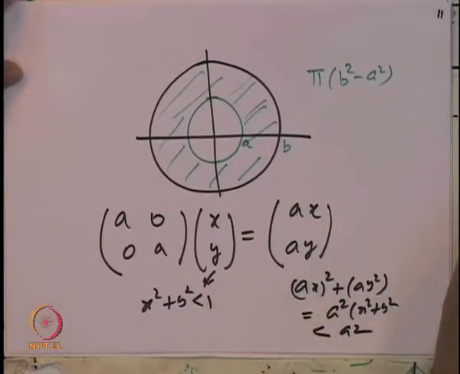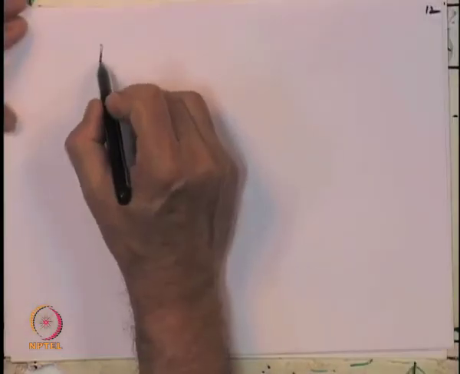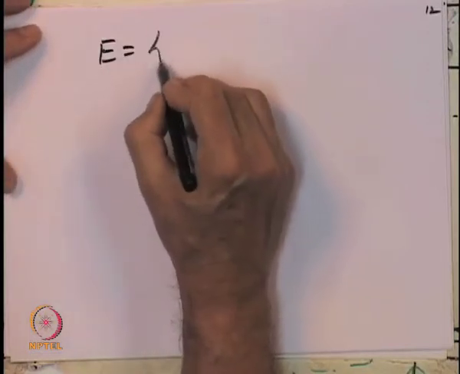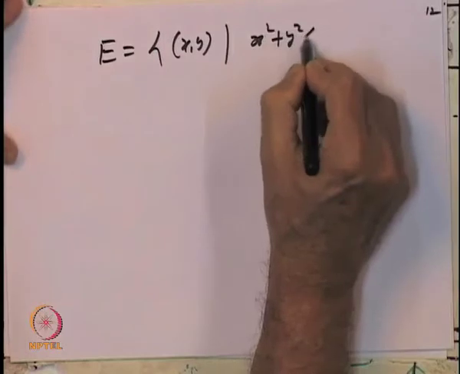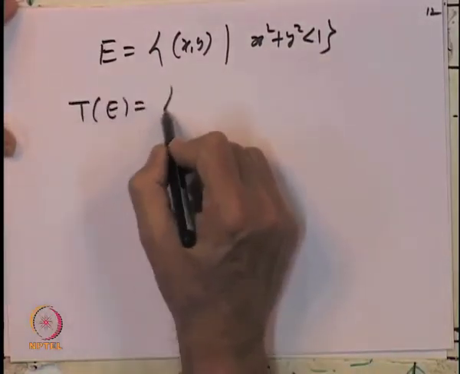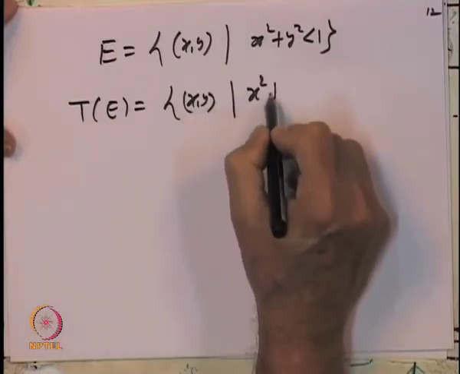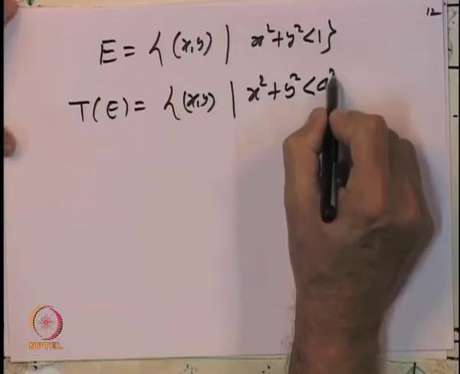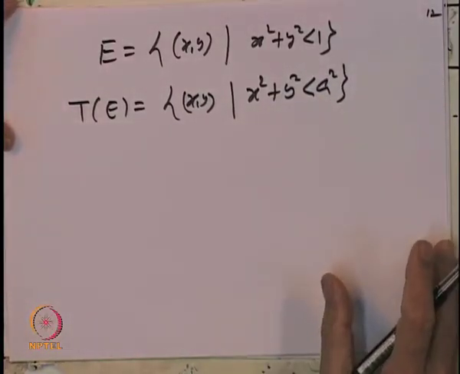So, that shows that if E is the unit circle, that is x y such that x square plus y square less than 1, then T of E is the region enclosed by the circle x square plus y square less than a square. So, that is what we know.